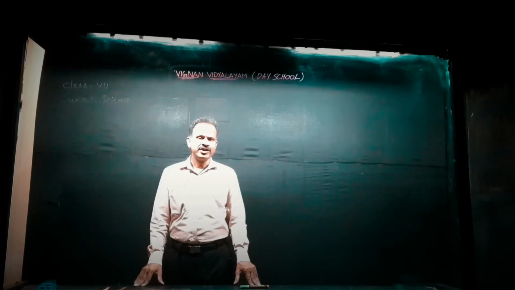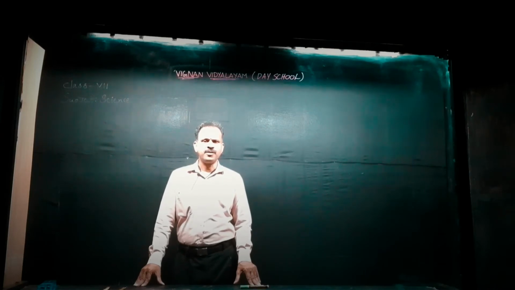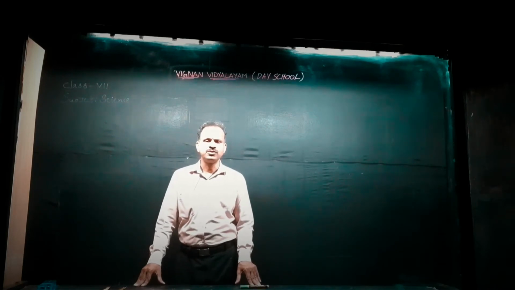Already we discussed in nutrition, the conversion of complex food materials into simple food substances is called digestion. In the digestive system, the food is converted into a simpler form.